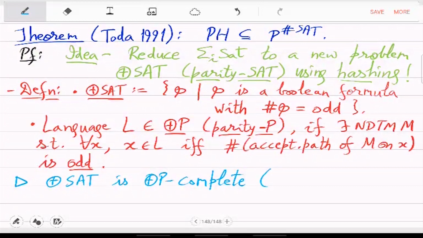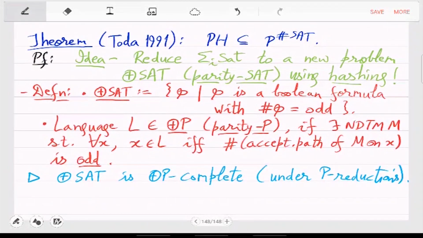Under polytime reductions, parity SAT is the hardest problem in parity P. This is kind of the definition of parity P itself, like you saw with sharp P. And what is open is, is it a really difficult question or is it easy? That's not very clear.